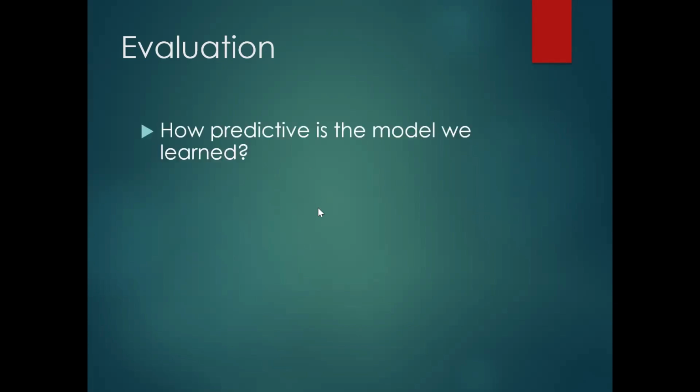So the question that we normally ask under evaluation is how predictive the model we learn will be. Which means we started with some data sets, and then we build models, and these models are built using existing data. What will be the predictive accuracy of these models for new data?